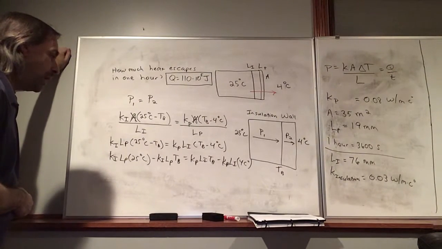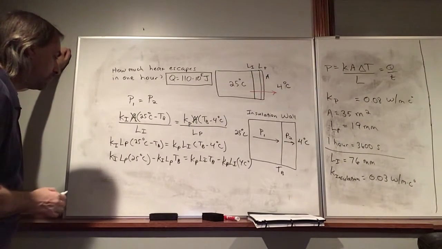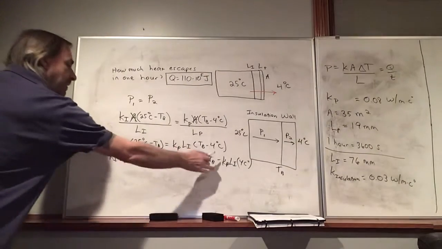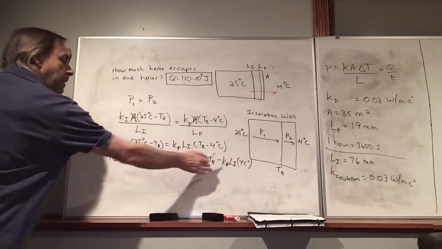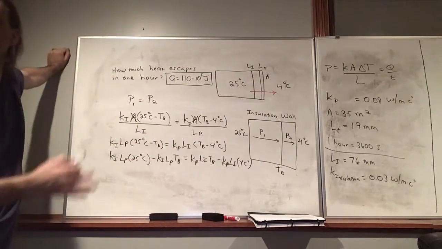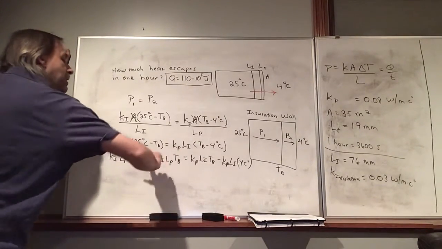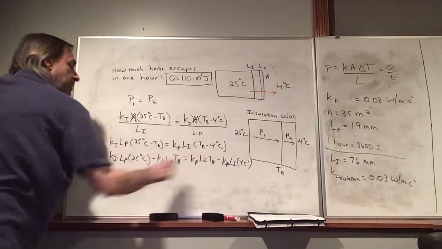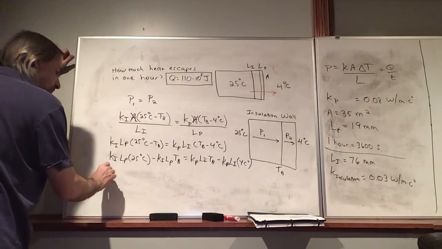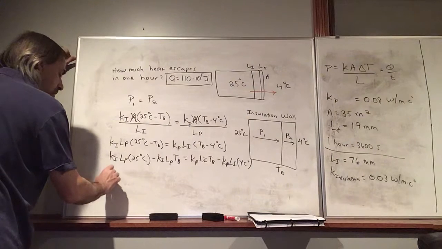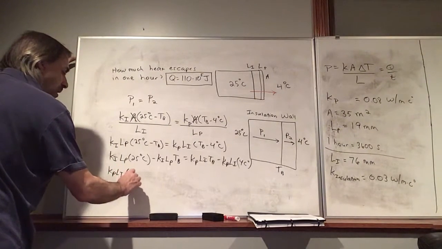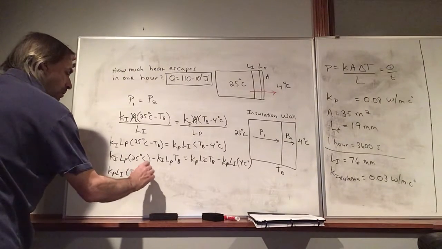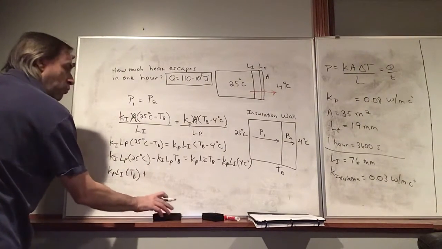And so everything is known except for these terms with the TB. So we want to collect those on one side. So again, we'll move this term over to the other side, but I'm going to write it over here. So we have Kp Li times TB. I guess I don't need parentheses there.